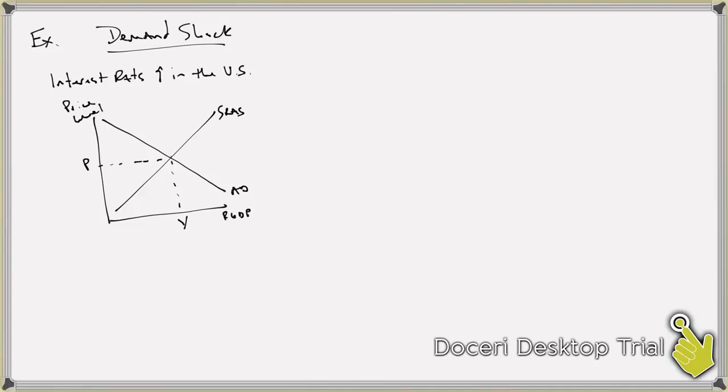Now, we need to know how the change in interest rate is going to influence our economy. So the first thing I need to think about is, are interest rates a determinant of aggregate demand or of aggregate supply? So I got to go back to my notes, or eventually I got to have these memorized. And in my notes, I should find that a change in interest rate is a determinant of aggregate demand. Okay? So I'm going to put here that this equals a decrease in AD.